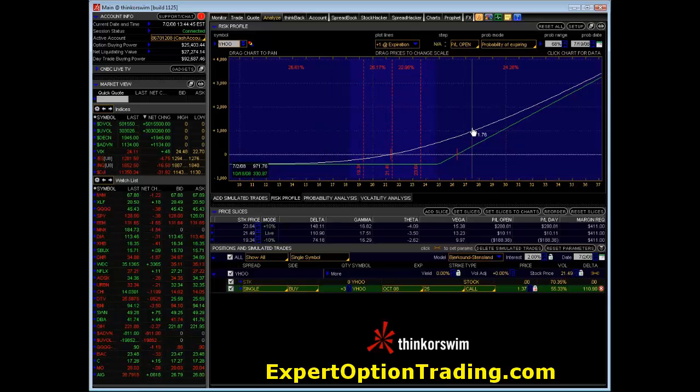Our white line is our current profit and loss graph. So if we were to purchase the October 25 call right now for $1.37, if the stock moves up, we follow this white line and we would actually profit from that. If it moves down, we're going to obviously meet our maximum loss, which is $411 on this trade.